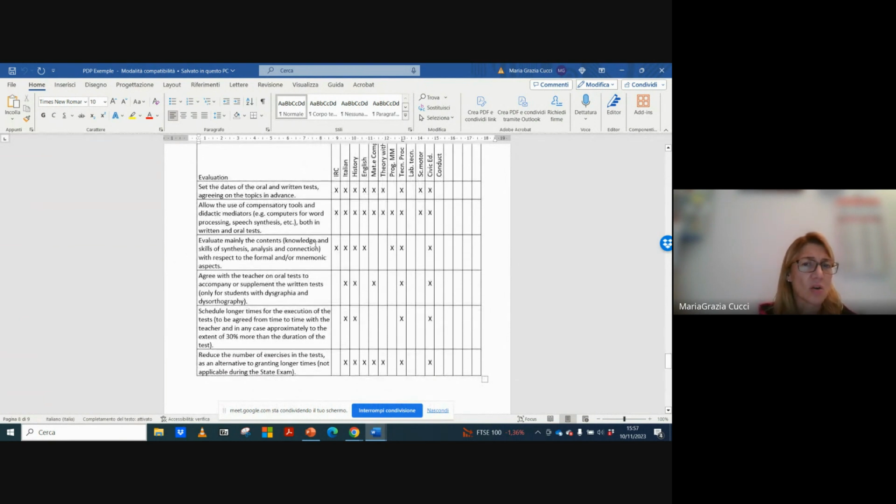Evaluate mainly the content, knowledge and skills of synthesis, analysis, and connection with respect to the formal and or mnemonic aspects. Sometimes it is very difficult, especially in some subjects, to use this lighter way of evaluation, because the formal aspect is a part of a subject, of course.